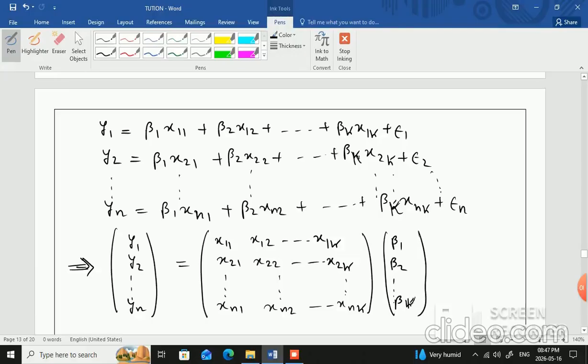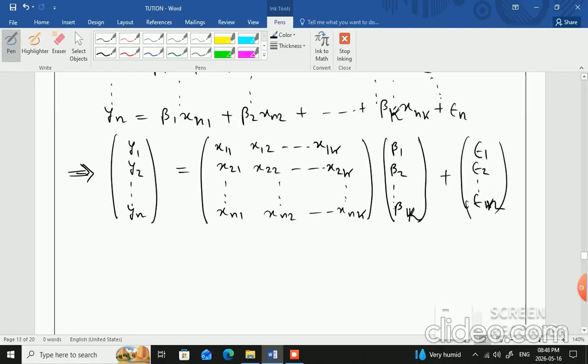And error term matrix is epsilon 1, epsilon 2, epsilon n. And the matrices are denoted by capital letters: study variable matrix capital Y, observation matrix capital X, parameter matrix beta, and epsilon matrix. The orders will be n cross 1, n cross k, k cross 1, n cross 1.